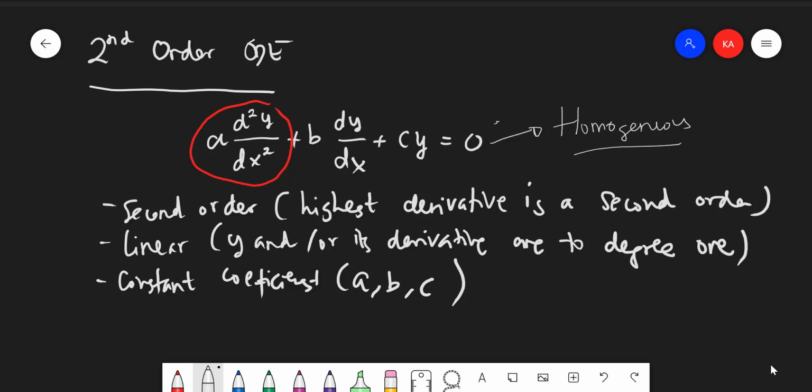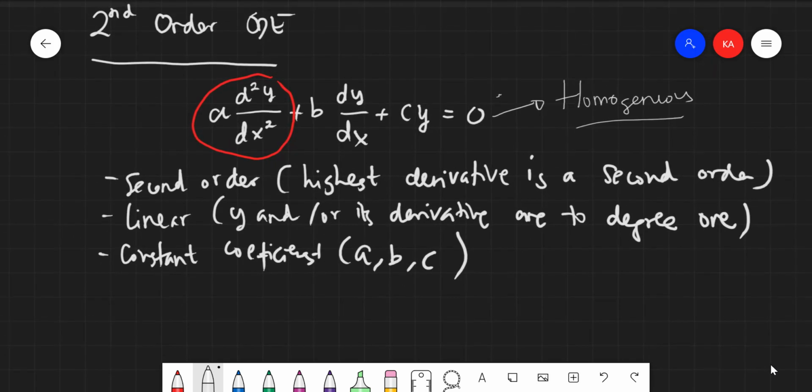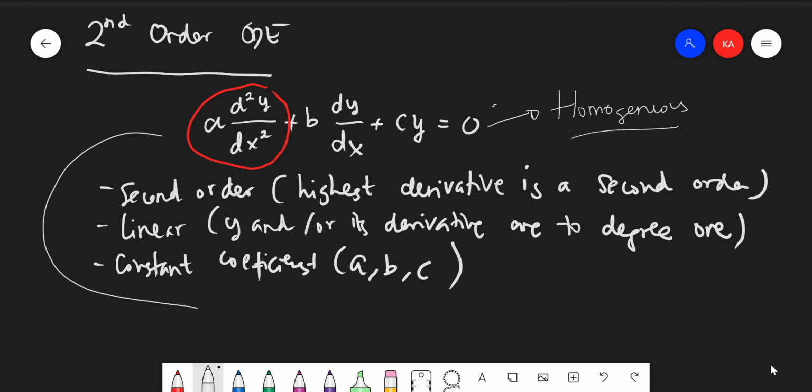Because this is the second order ODE, we expect that the general solution has two arbitrary constants. So maybe I put A and B, because this is the second order.